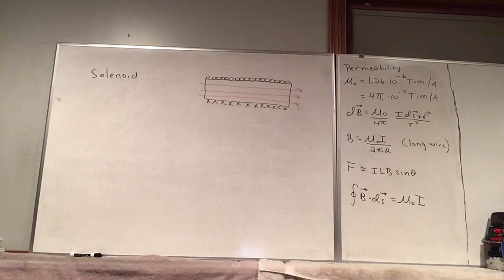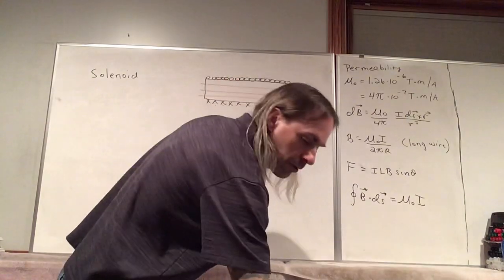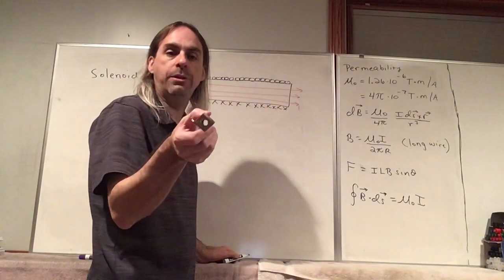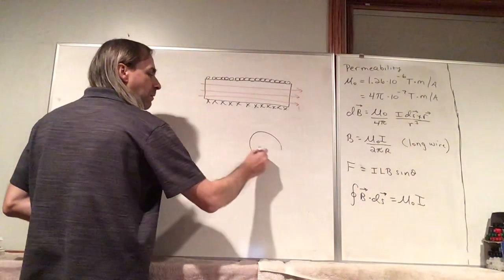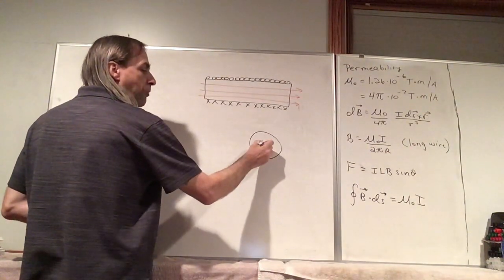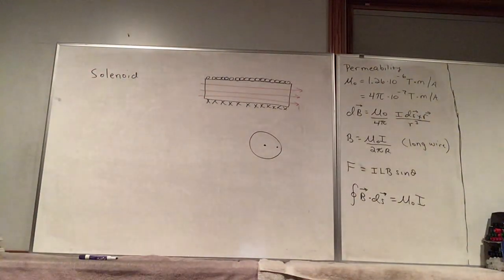But how does the strength vary? Let's draw another perspective like this, where you're looking down the axis. How does the magnetic field in the center compare to some other point there? We can answer that using Ampere's law.